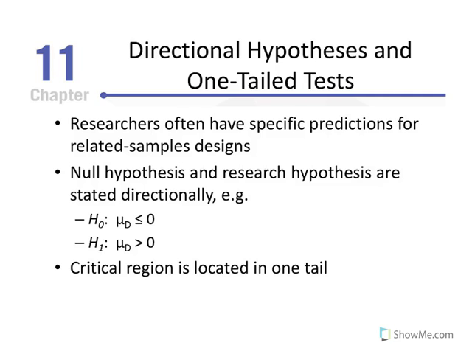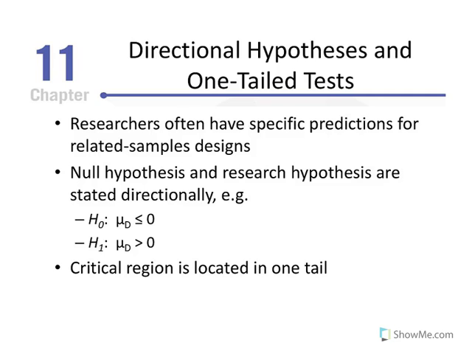This kind of directional prediction can be incorporated into the statement of the hypotheses, resulting in a directional or one-tailed hypothesis test. The following example demonstrates how the hypotheses and critical region are determined for a directional test.